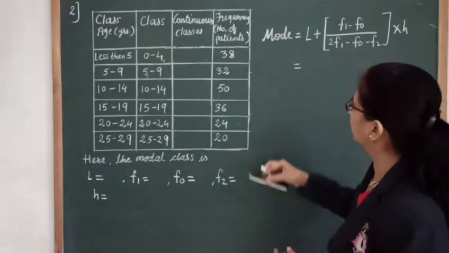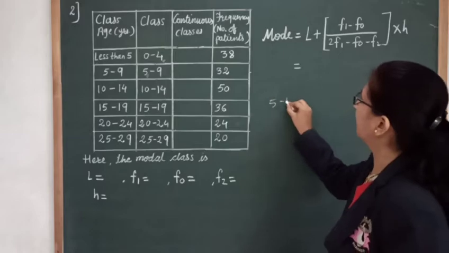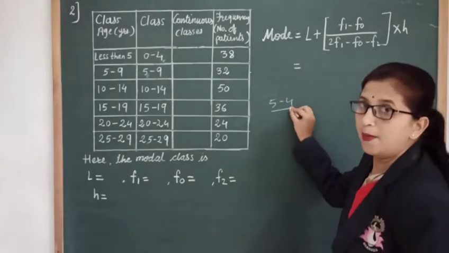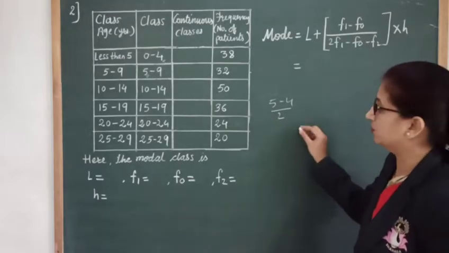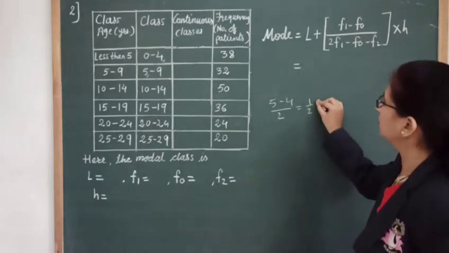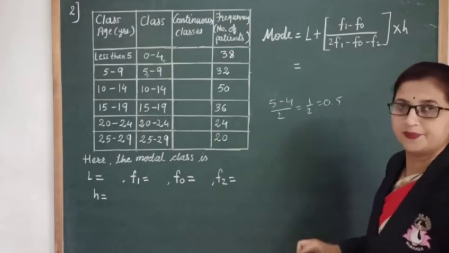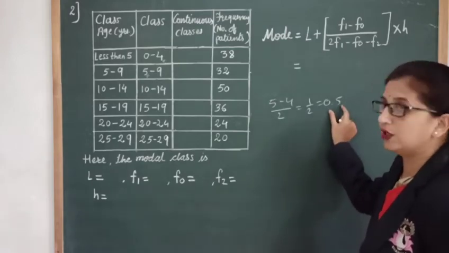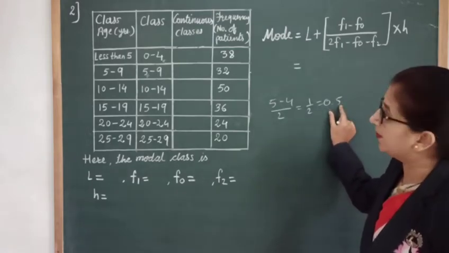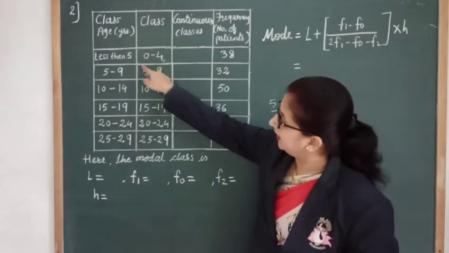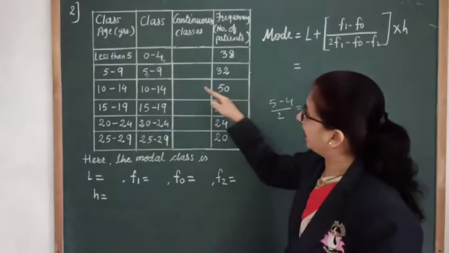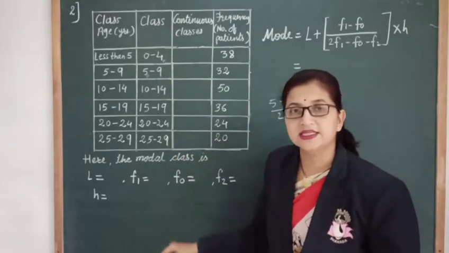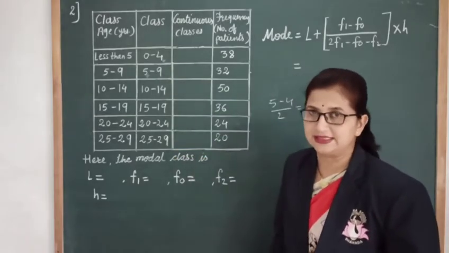Okay. 5 minus 4 upon 2. Whatever is the difference, divided by 2. So here 1 upon 2, that is 0.5. Okay. And this value we have to subtract from the each lower limit, and the same value we have to add in the each upper limit of each class.